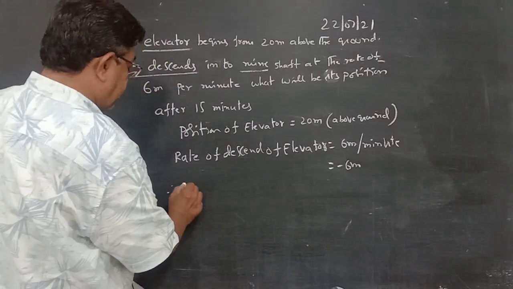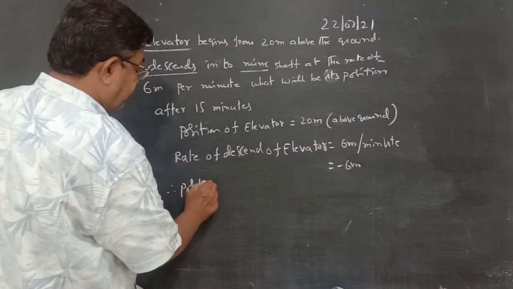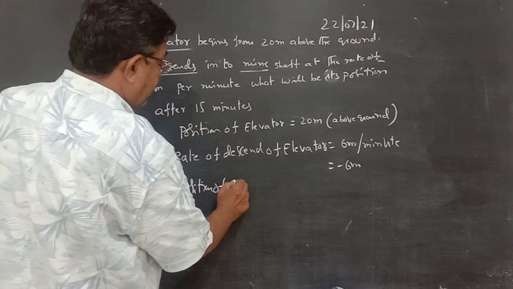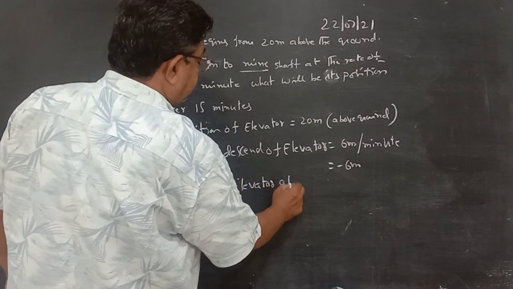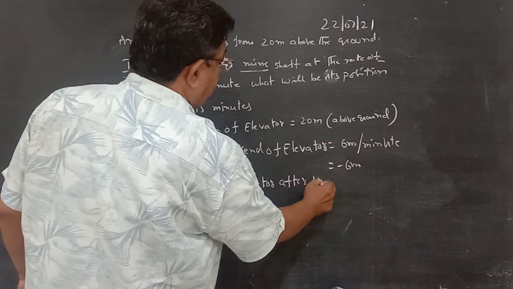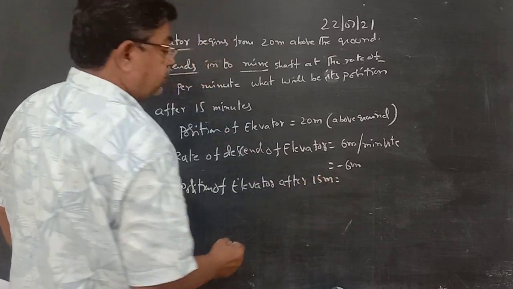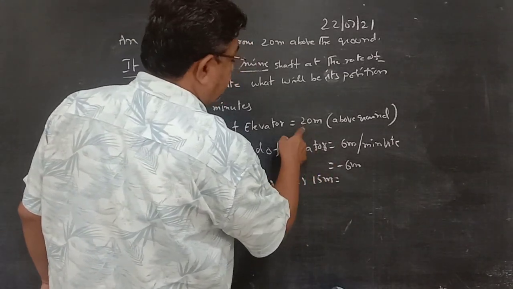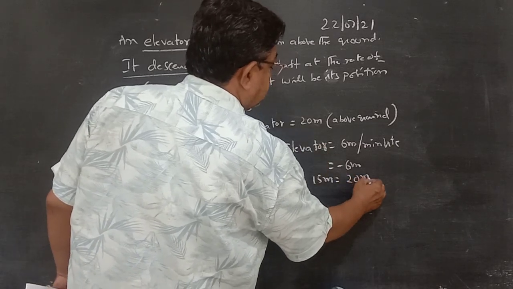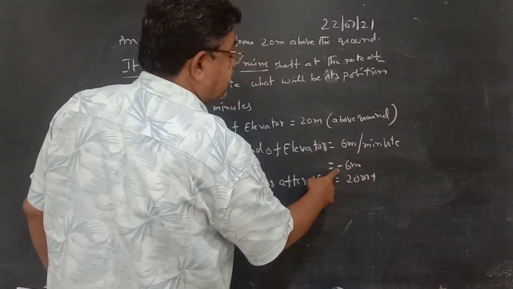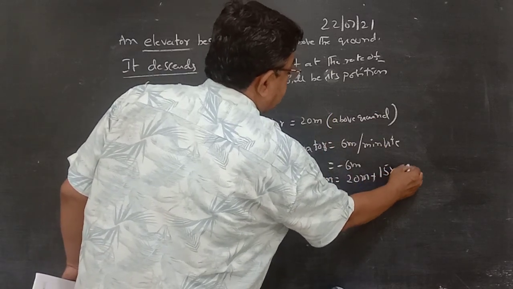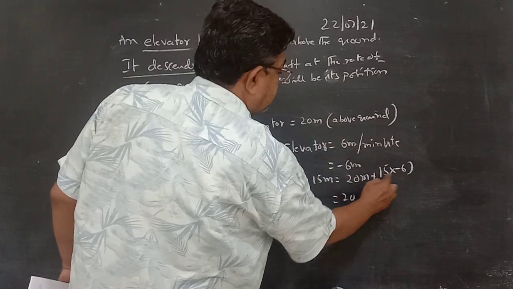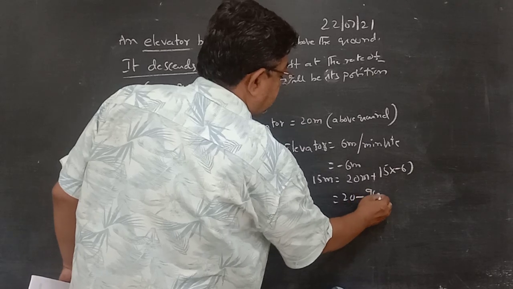Therefore, last step, position of elevator after 15 minutes is equal to, it started at 20 meters plus it is going down at a rate of -6 meters underneath the earth. So, 20 plus 15 into -6, 20 plus into minus 15 into 6, 90.